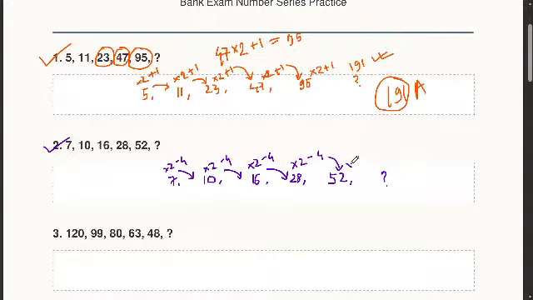It will be multiplied by 2 and subtracted by 4. So 52 times 2, that is 104, minus 4, that is 100. Okay. So 100 is the correct answer.